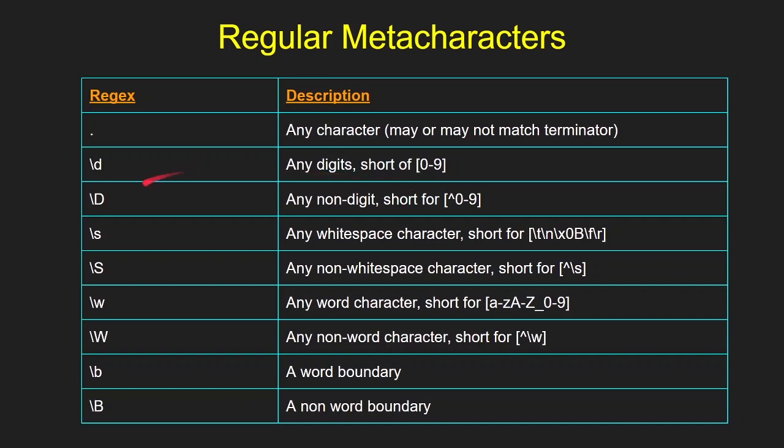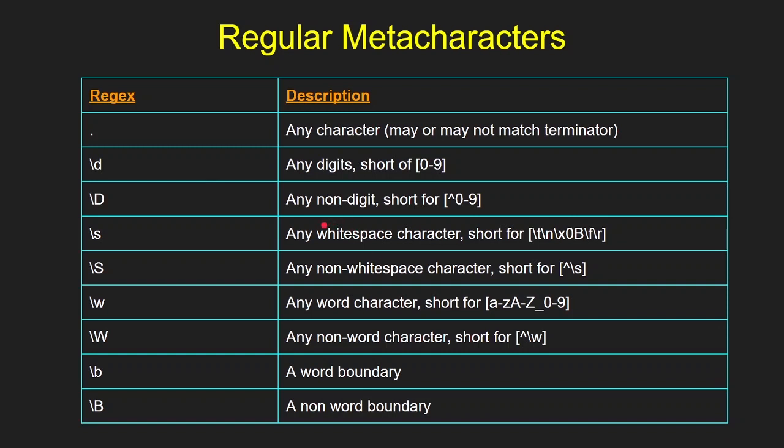Okay, next is capital slash D, which means any non-digit. So we can also represent it by up arrow and then 0 to 9. Okay, don't worry guys, we are going to see each one of them through example, but first we need to get all these meta characters to write a better regex.